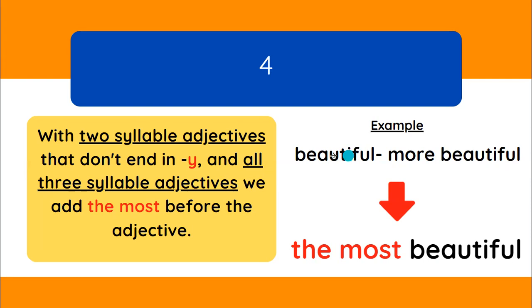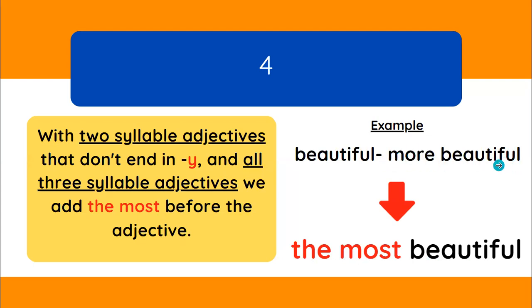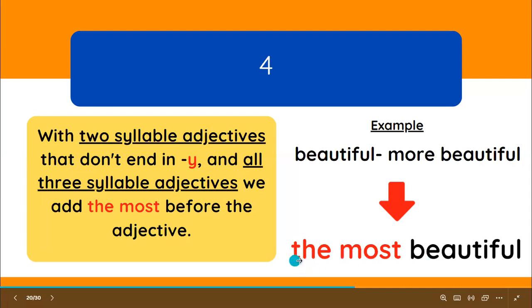For example, maybe the rose is more beautiful than the sunflower. So we just say more beautiful. But here, the rose is the most beautiful flower.